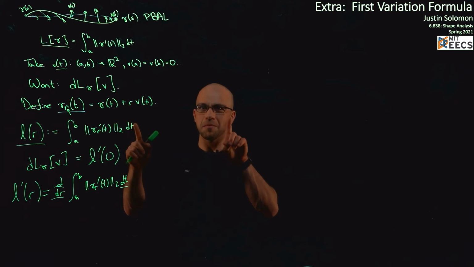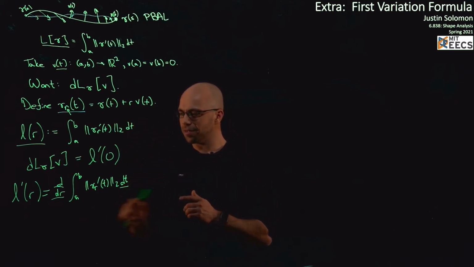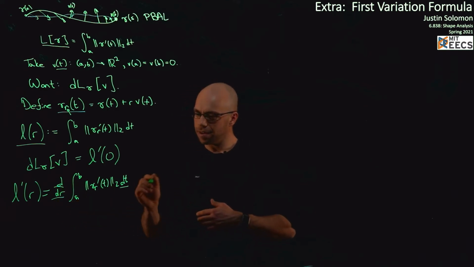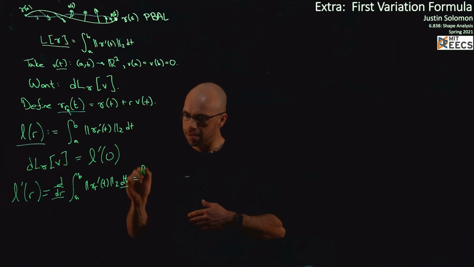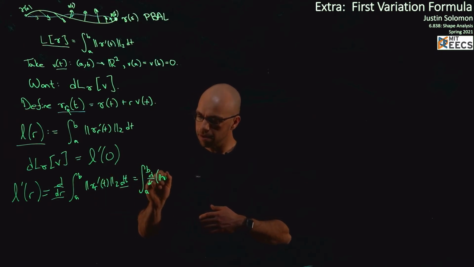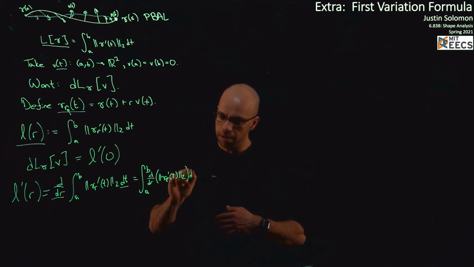Right? And just the same as we can exchange derivatives and sums, we can also exchange derivatives and integrals. So let's do that. Essentially, what I'm saying is that this is the same as the integral from a to b of d over dr of this norm, gamma r prime of t, integrated over t.